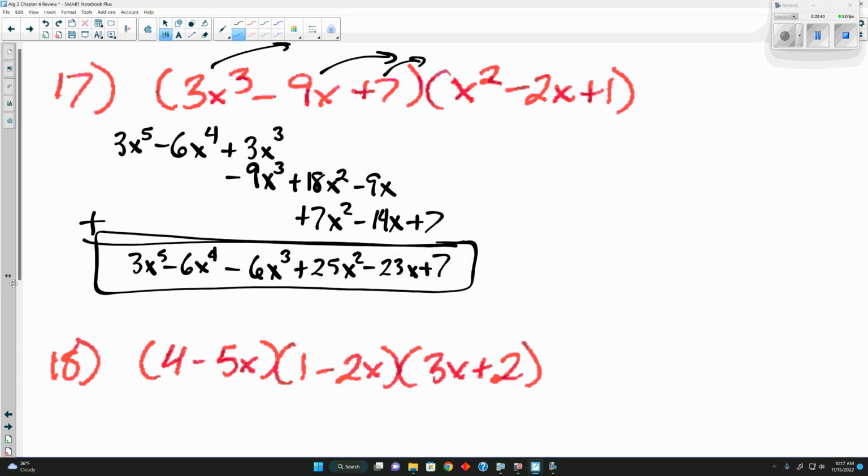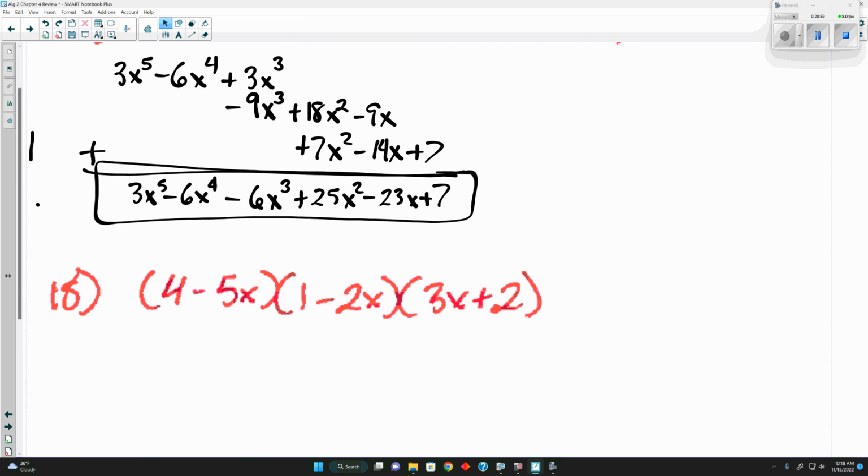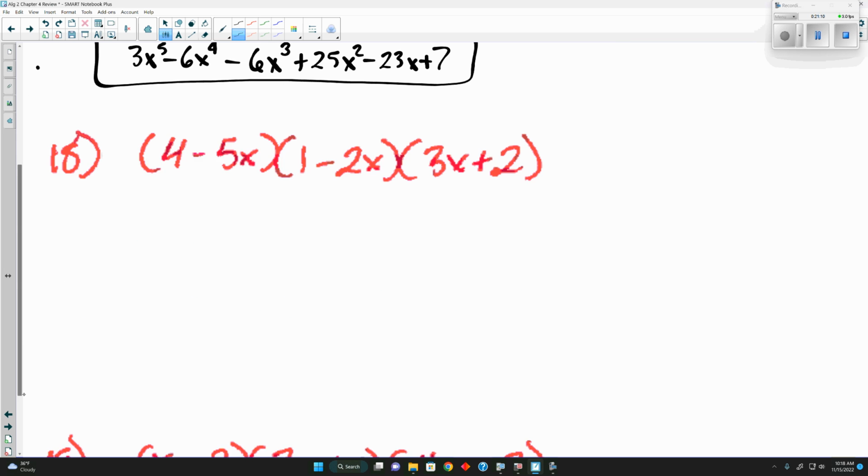This one here was a little different than most, because normally we do have some terms that line up. But normally the only terms that don't really have common factors are the biggest one and the constant term. Those are normally going to be by themselves. Any questions on this here?